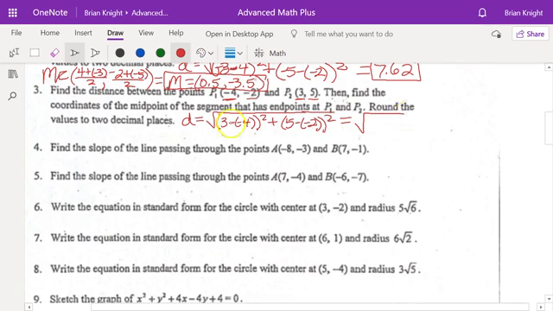So this would be 3 plus 4 would be 7. 7 squared is 49. 5 plus 2 is also 7. 7 squared again is 49. 49 and 49 make 98. And the square root of 98 is 9.9.